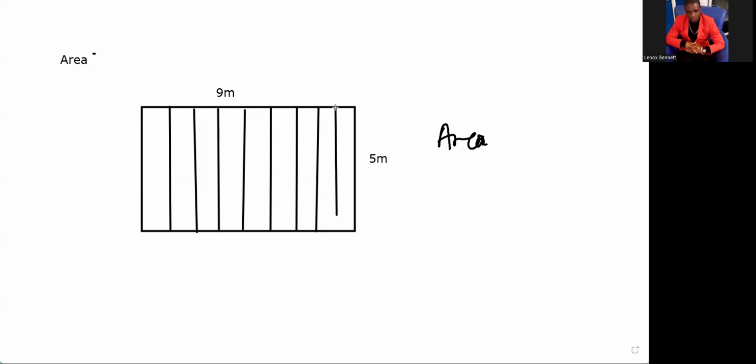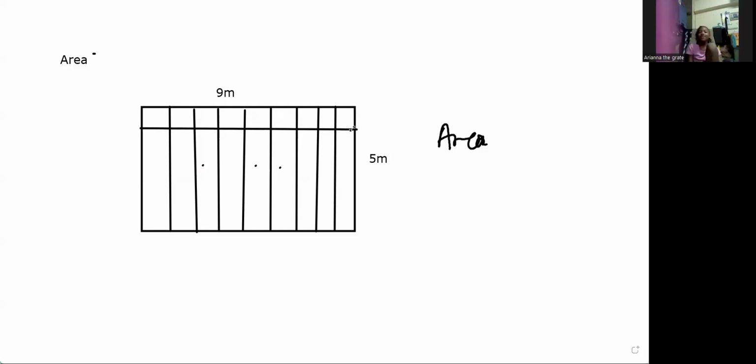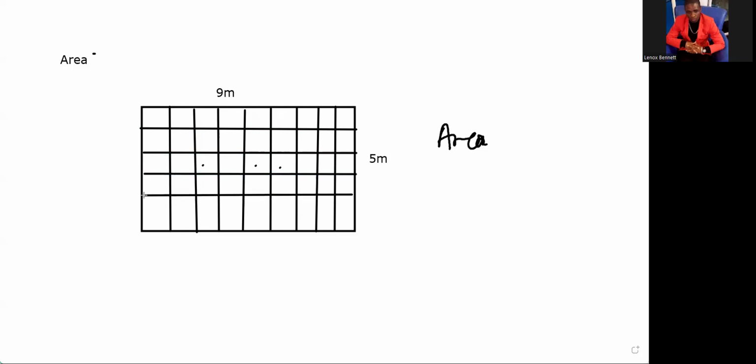Squeeze it up, guys. 1, 2, 3, 4, 5, 6, 7, 8, 9. And then it would be 5 across. Yes, 5 across. And then I counted them all. Alright, great job.